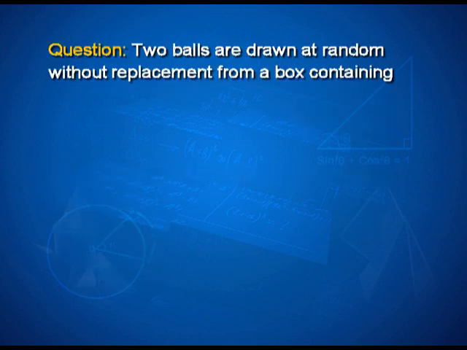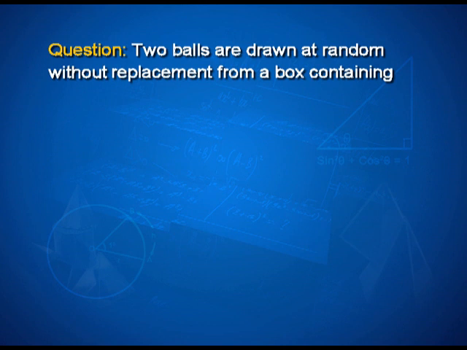Now, if I change the problem and say 2 balls are drawn at random without replacement, which is normally the understanding if nothing is said, the question just says two balls are drawn successively from a box, then it would simply mean that first is drawn, notice the ball is kept out.